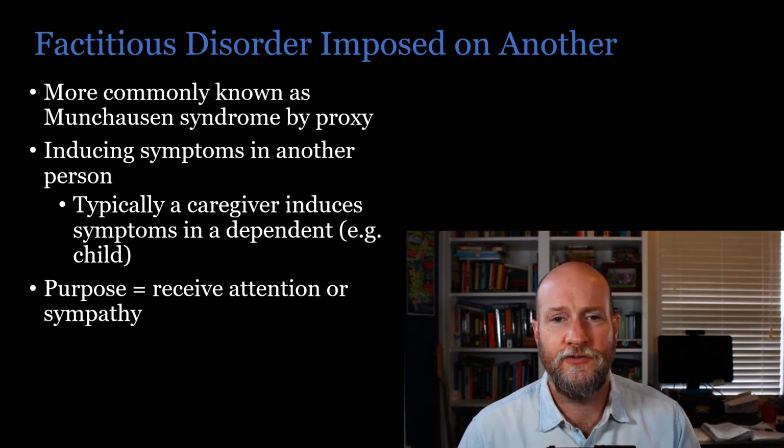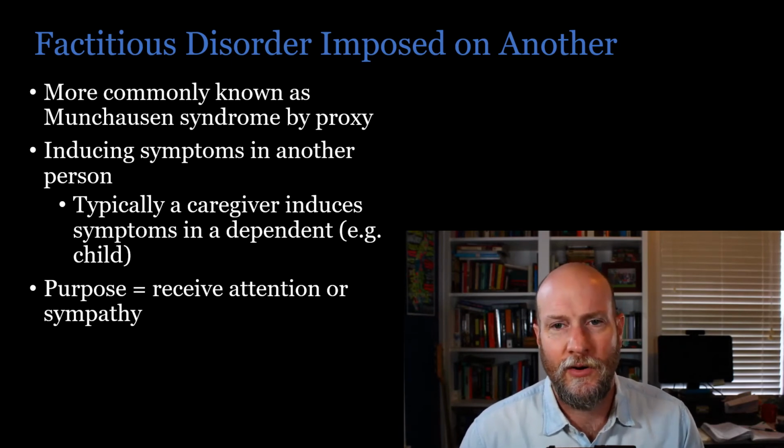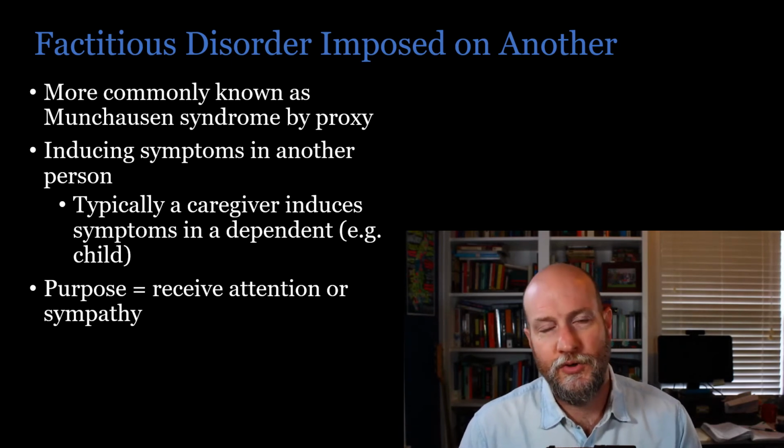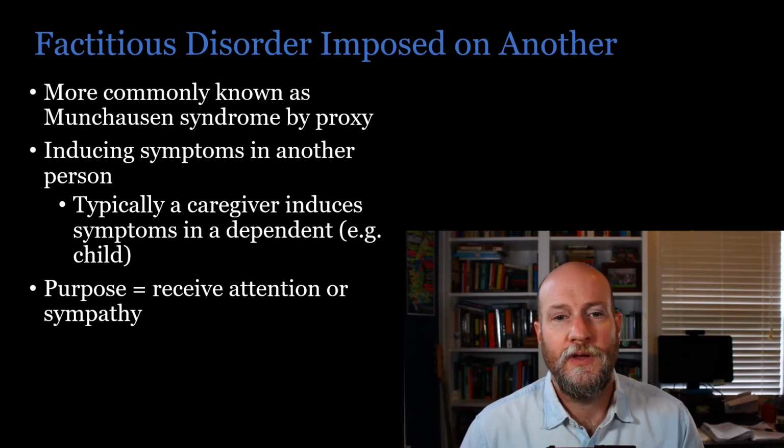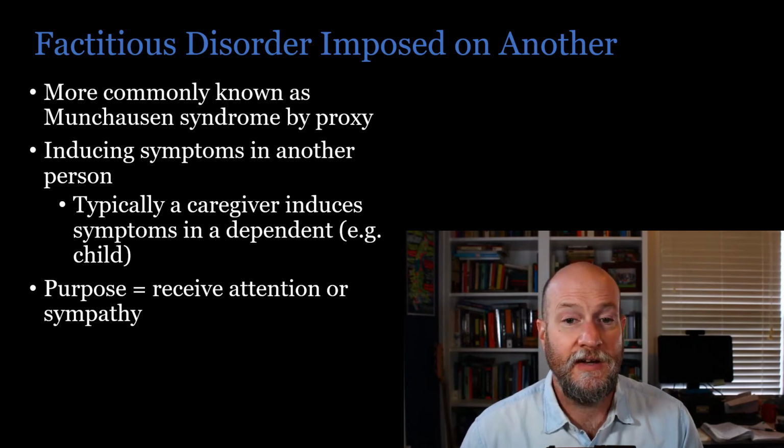Munchausen syndrome is another classic term for factitious disorder. Munchausen syndrome by proxy is inducing the symptoms in another person. And this is typically seen in a caregiver, including parents, who induce symptoms in a dependent. That could be their child. It could be an individual with diminished capacity that they're caring for. And the purpose is to receive the attention or the sympathy that comes with it.